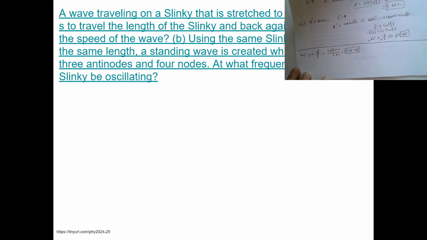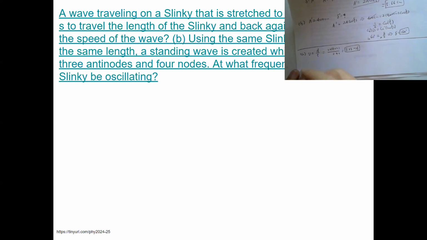So this is part A. Part B says: using the same slinky stretched to the same length, a standing wave is created which consists of 3 antinodes and 4 nodes. What frequency must the slinky be oscillating at? The slinky is stretched again to 4.0 meters.